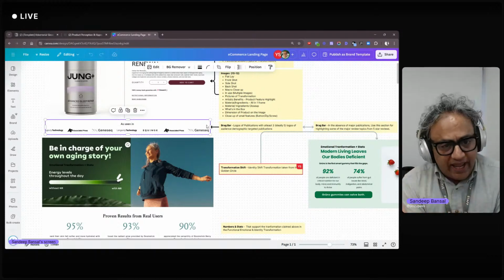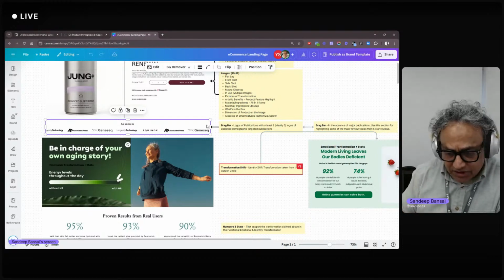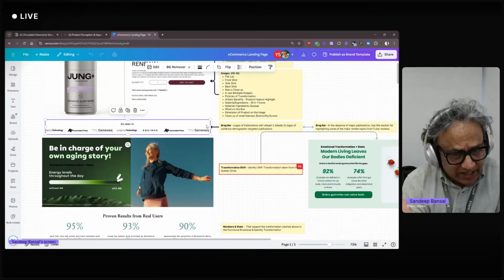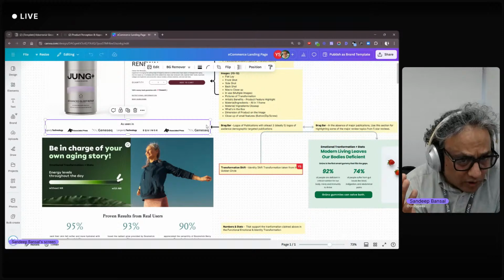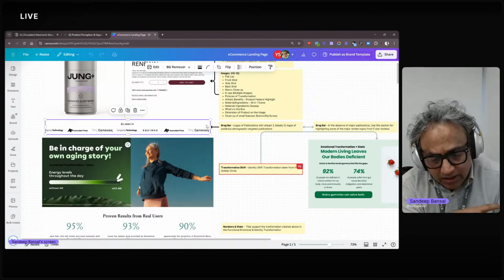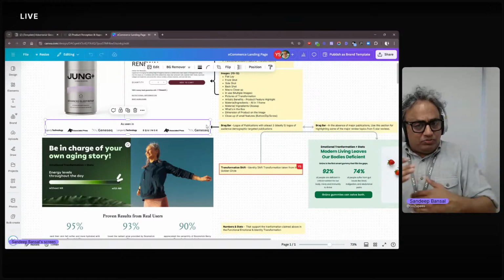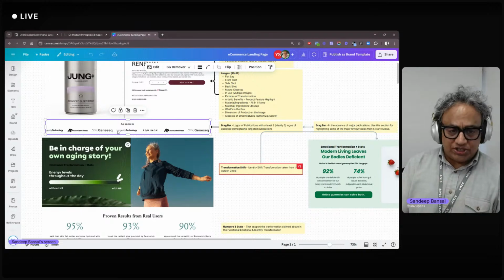If you have a Gen X audience, someone like me, sites like CNN might make a difference, and to some extent maybe Men's Health or something like that. But if you're looking at a Gen Z or Gen Alpha audience, you might want to include brands like Refinery29, Vogue, or GQ. So depending on what your target audience is, you want to include those logos here.